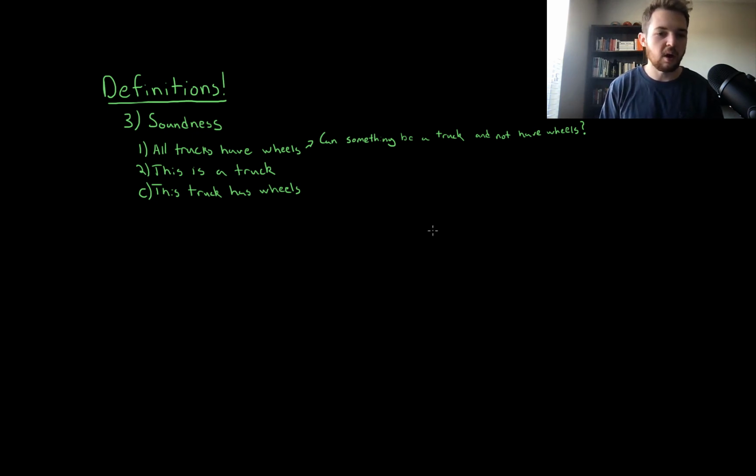And we can also question premise 2 by asking if whatever I'm referring to is actually a truck. For example, if I say this is a truck and I show you a picture of a boat, it wouldn't actually be a truck. So we can question premise 1 and premise 2, and if we decide that either of these premises aren't necessarily true, then this argument is not sound.